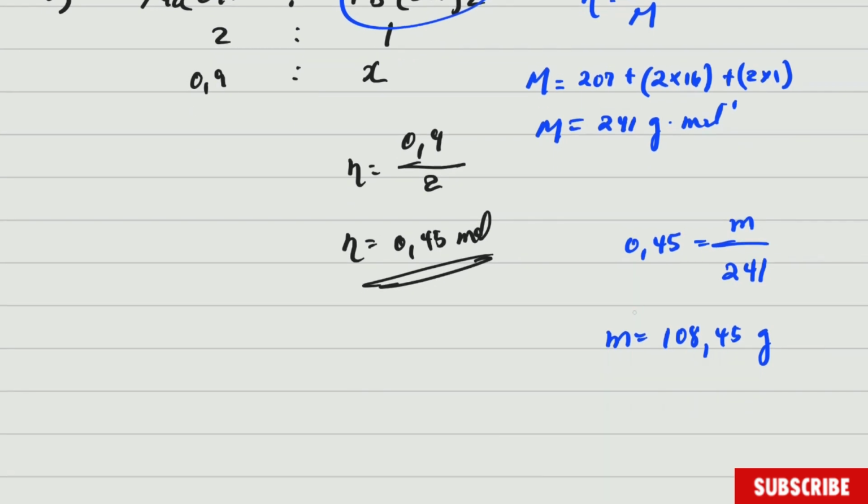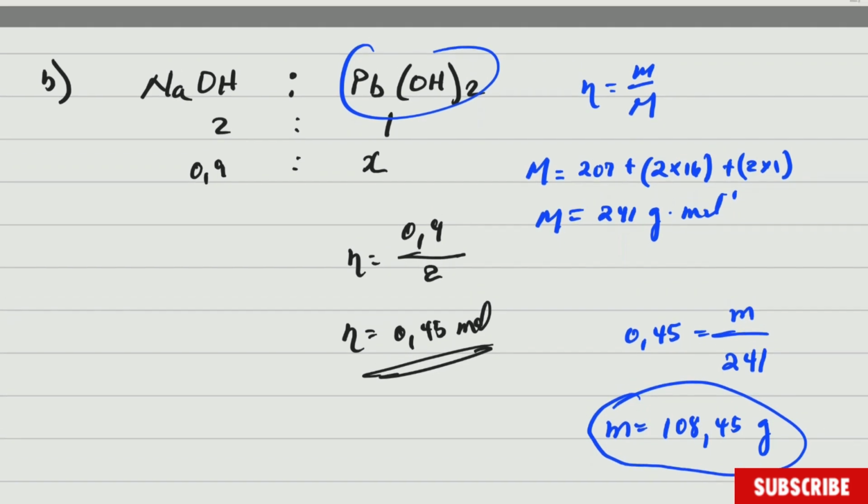And guys, this is the maximum amount of lead 2 hydroxide we can actually get. In theory, we can get this amount. This is what we call the theoretical yield.